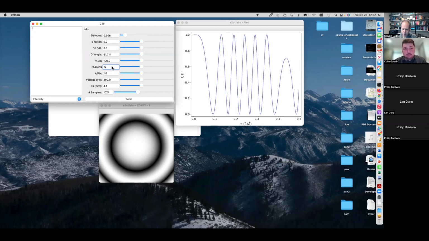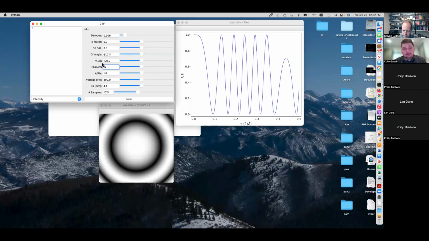Now, when you say you're going to do a 90-degree phase shift, that's the other thing that I wanted to point out, which is that people often treat this as, oh, what was the phase shift of my phase plate? Because if you're using one of the FEI style phase plates, where the phase shift changes with every image, you have to actually estimate how much phase shift you're getting. But they have sort of two parameters.